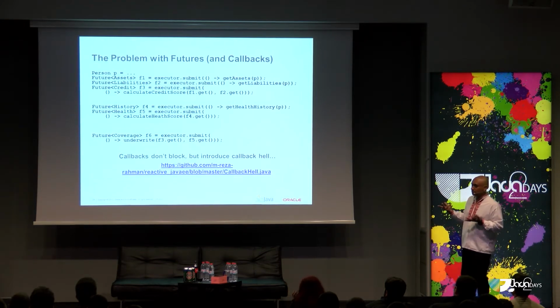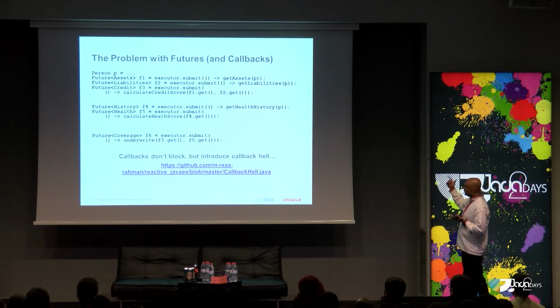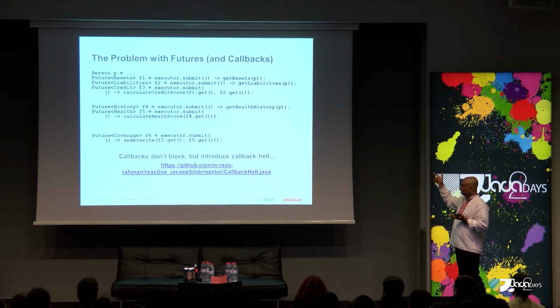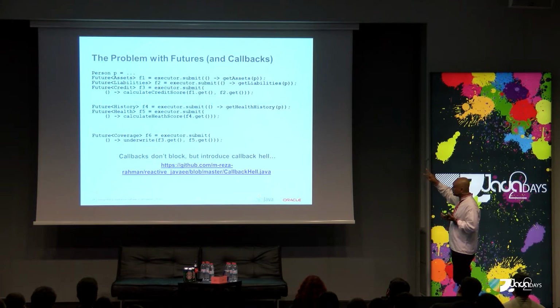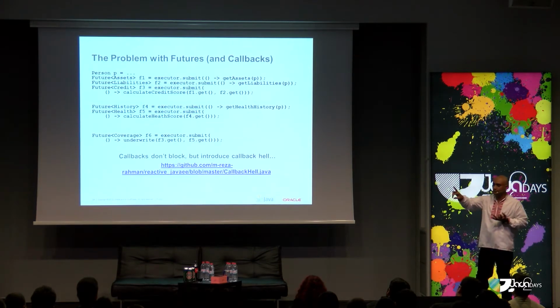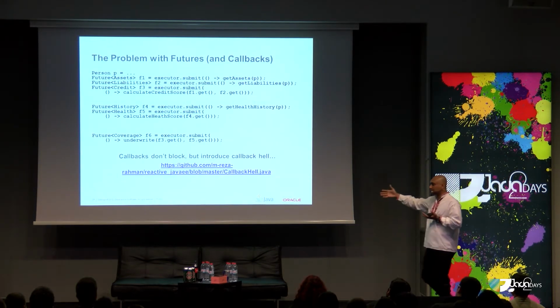Get assets on a separate thread, get liability on a separate thread, calculate credit score on a separate thread, wait for F1 and F2, both of those asynchronous results, to complete before you do that, and so on and so on. What's the problem here?